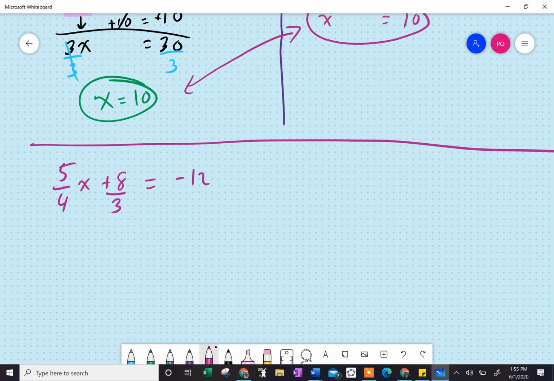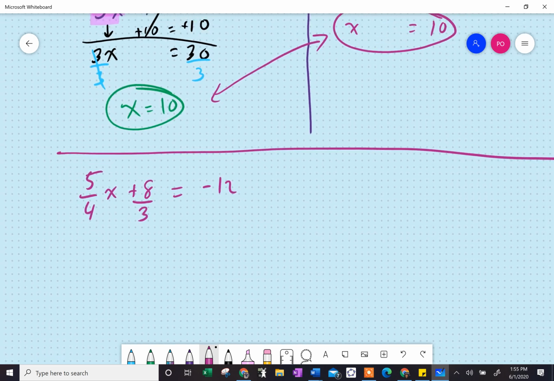Now, the problem here is I have two denominators. So I'd have to multiply by a 4, and then I'd have to multiply by a 3 in order to get rid of both denominators. But that's kind of silly.